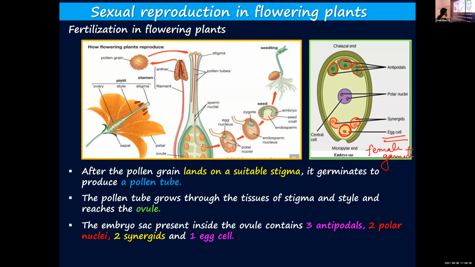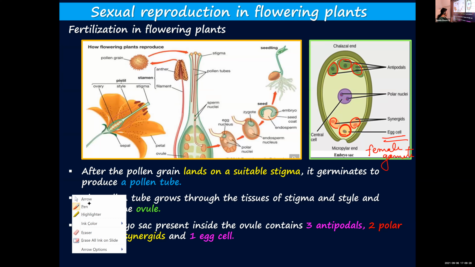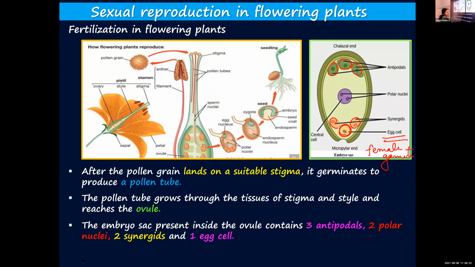So the embryo sac present inside the ovule has several cells: 3 antipodals, 2 polar nuclei, 2 synergids, and just 1 egg cell. This alone is the female gamete. All the others have different functions. The female gamete is only this one.